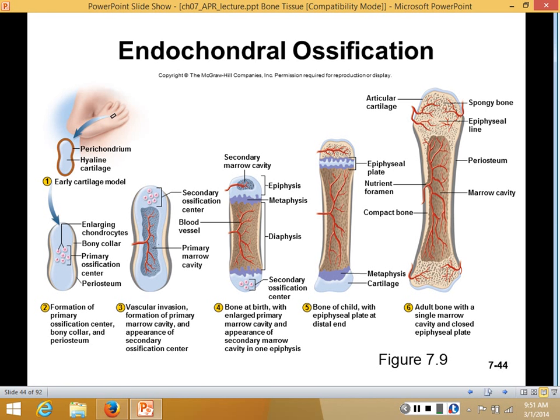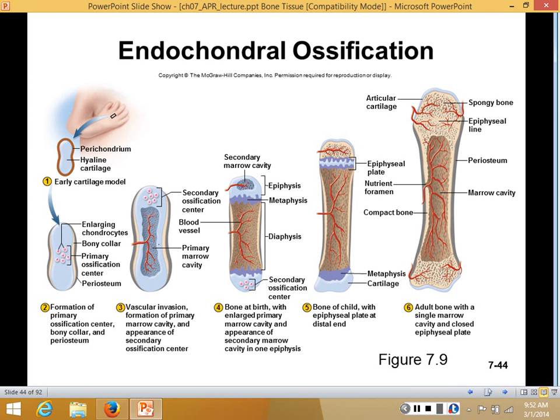Perichondrium. What does perichondrium mean? Y'all can't ask me questions, but I can ask y'all questions. Perichondrium means around the cartilage, right?